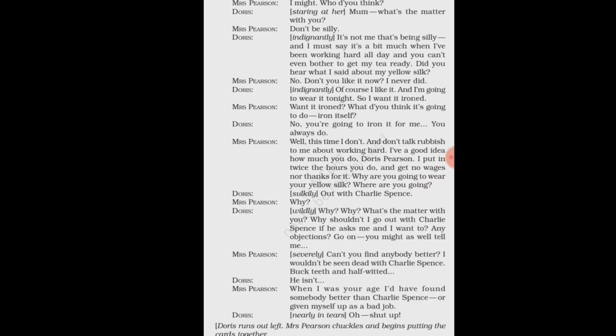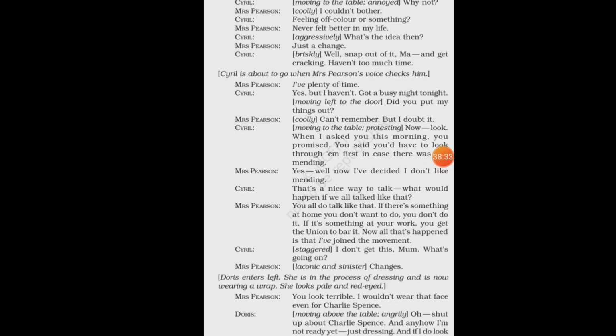And Doris runs out left. And Mrs. Pearson chuckles and begins putting the cards together. After a moment, Cyril Pearson enters. Cyril Pearson is a masculine counterpart of Doris. So Cyril is shown as Mrs. Pearson's son.